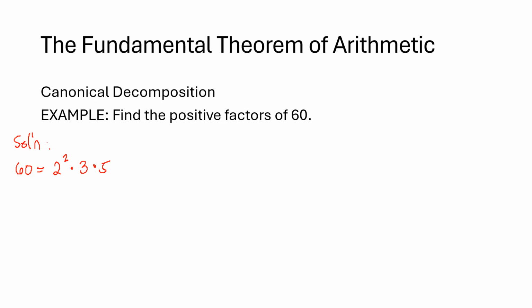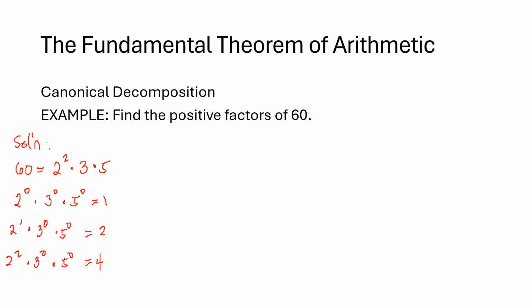so by this, we can express the factors of 60 as follows. You could have 2 raised to 0 times 3 raised to 0 times 5 raised to 0, which is equal to 1. And then you have 2 raised to 1 times 3 raised to 0 times 5 raised to 0, which is equal to 2. And then 2 raised to 2 times 3 raised to 0 times 5 raised to 0, which is equal to 4.